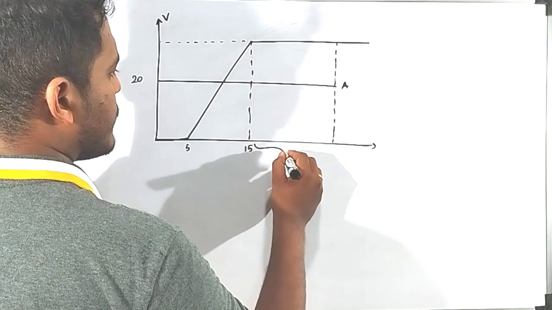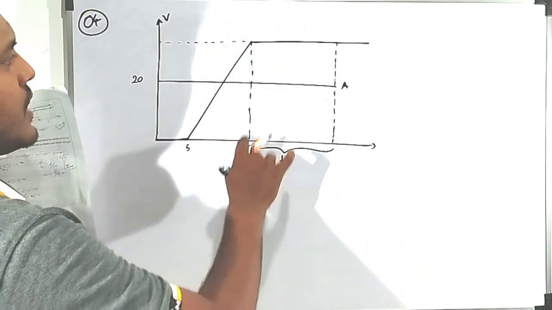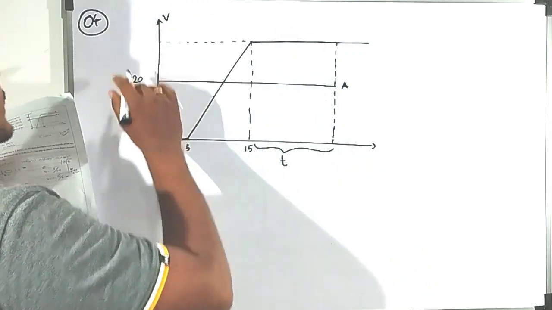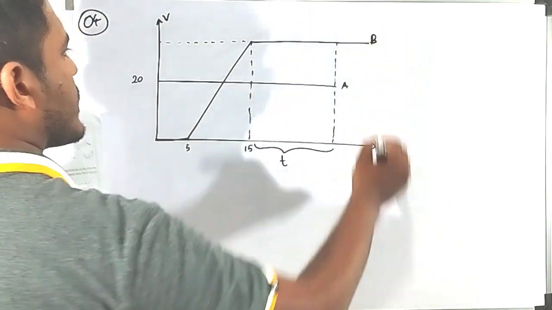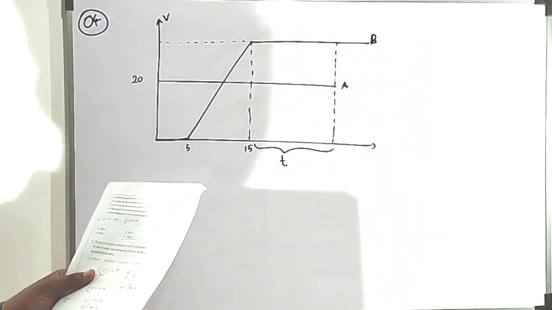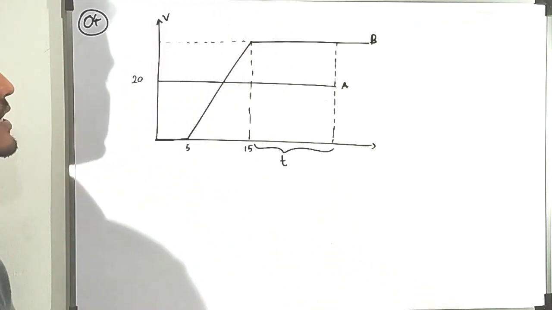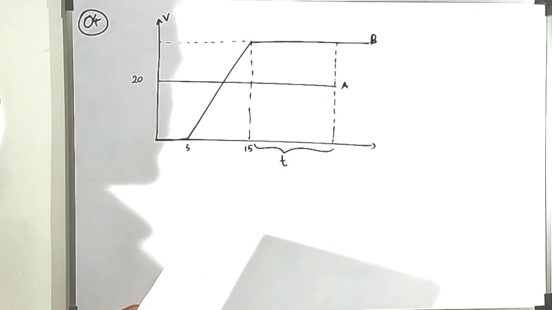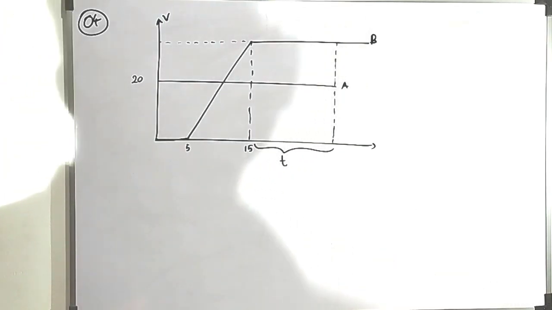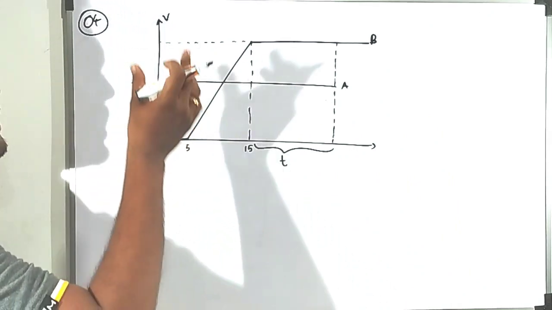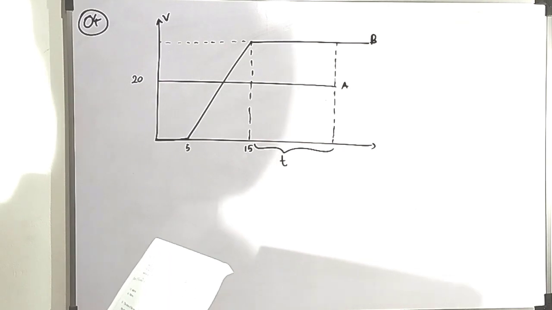Here assume the time for this motion is T. After the police bike reaches its uniform velocity, the time to catch A is T. At the instant where the two vehicles meet, the displacements should be equal, because the two vehicles start this motion at the same place, same position.